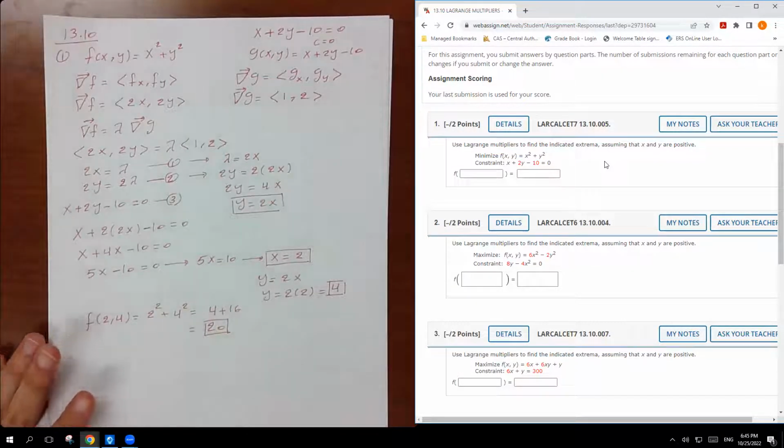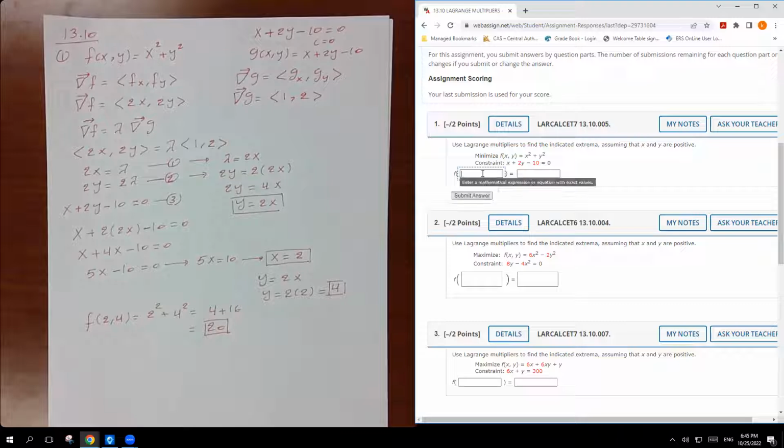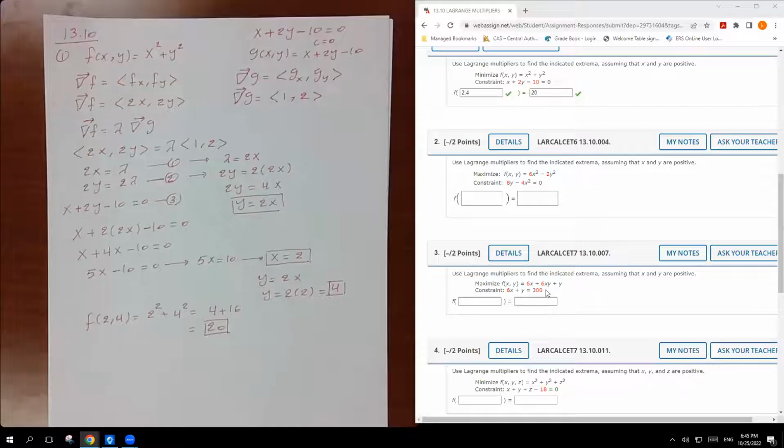So we're going to plug in here the first one, f(2, 4), and here we're going to plug in 20. That's it for this example. Here we go, we got it right.